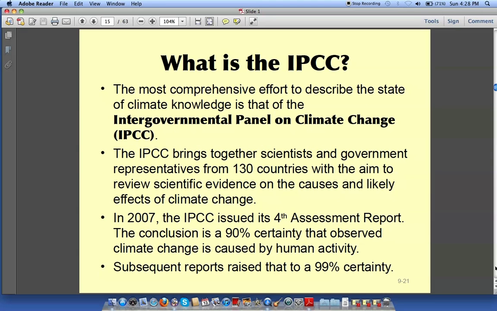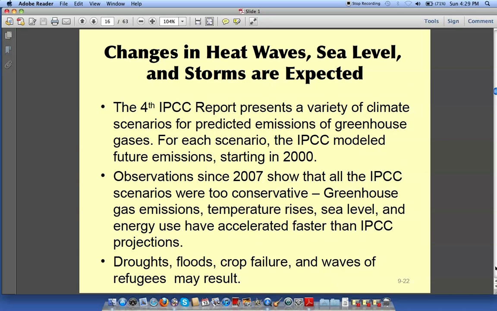We do have a committee that discusses this, and they give an assessment, and we try to get everyone to work together worldwide to stop or reduce the air pollution.